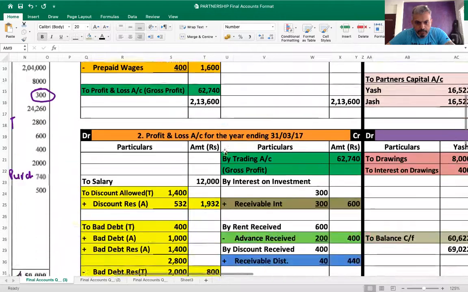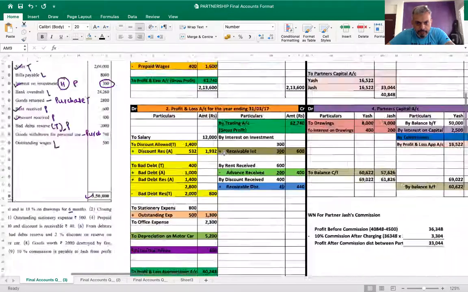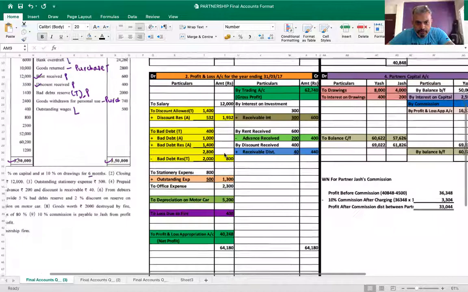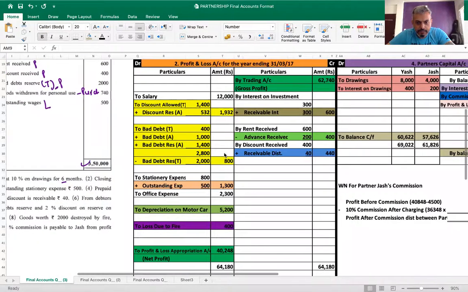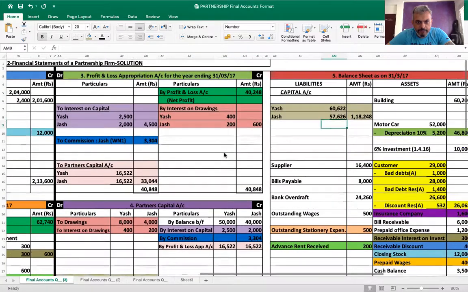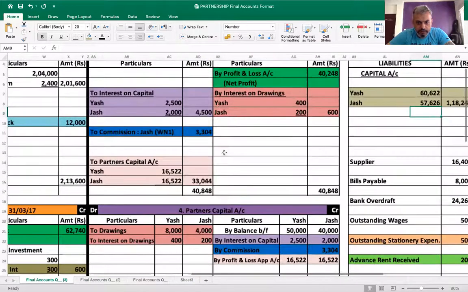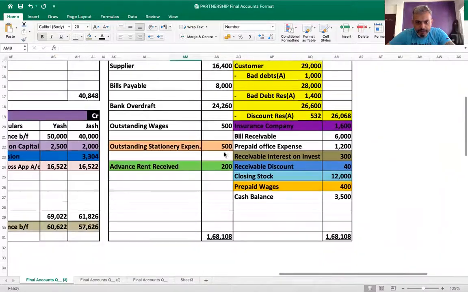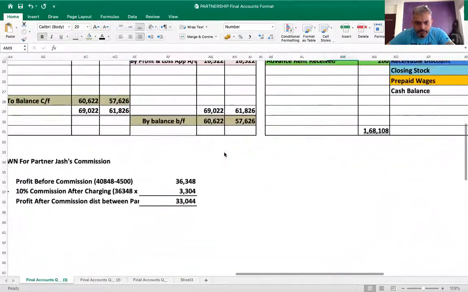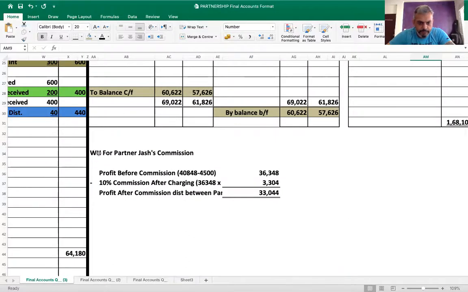Trading account, then profit and loss account, profit and loss appropriation account, partners capital account, and the balance sheet. And this working, very important.